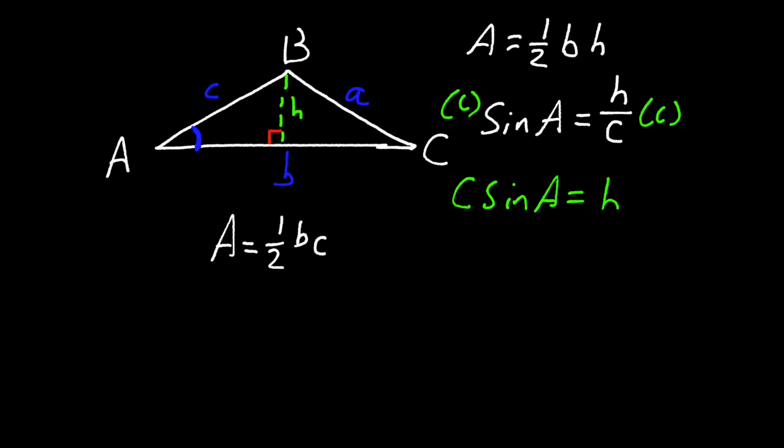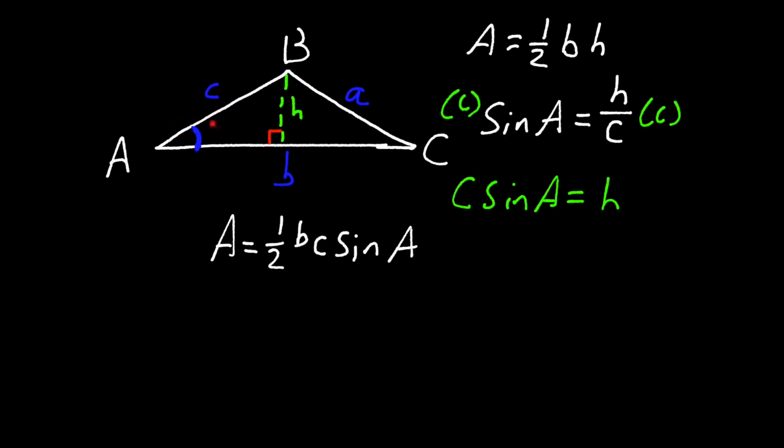So our area formula is: area equals 1/2 the base, times c, times the sine of angle A. And our base is side B. This is our new area formula. So we can find the area of any triangle as long as we know the base, one side of it, and then the angle between the base and that side.